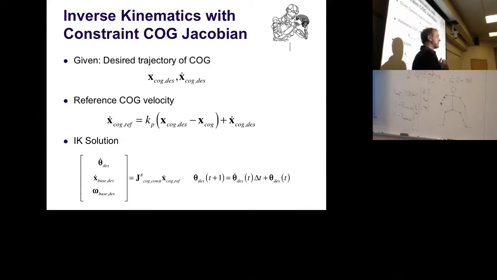The NAO has 26 degrees of freedom. So that means 23 degrees of freedom are happily doing stuff which we don't know about. So they are in some kind of null space of what matters. In theory, the right thing is to constrain them with a null space projector and basically anchoring them to some kind of rest posture.